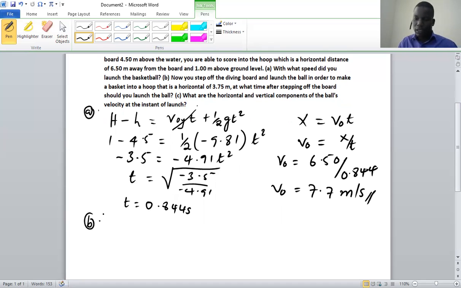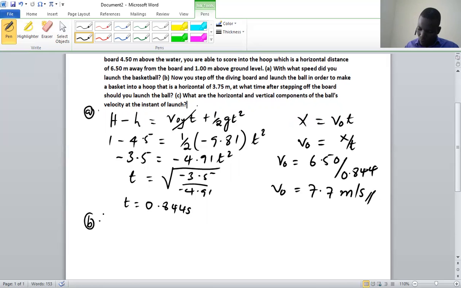So for question B, now you step off the diving board and launch the ball in order to make a basket into a hoop that is at a horizontal distance of 3.75 meters. At what time after stepping off the board should you launch the ball?